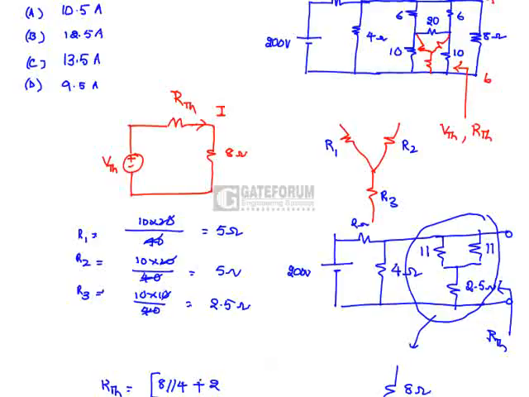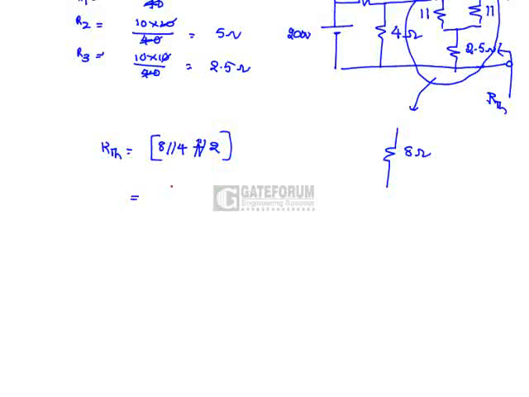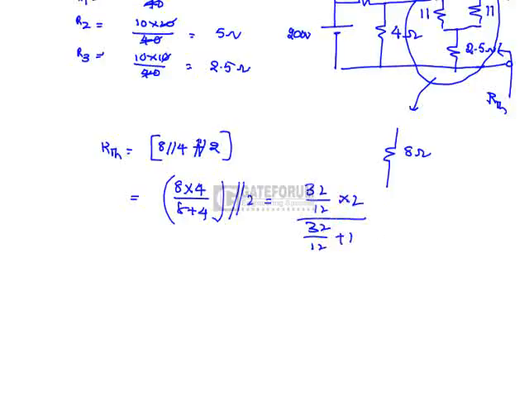So 8 parallel with 4 in parallel with 2, that is 8 into 4 by 8 plus 4, in parallel with the 2, that is 32 by 12 into 2 by 32 by 12 plus 2. This is RThevenin.